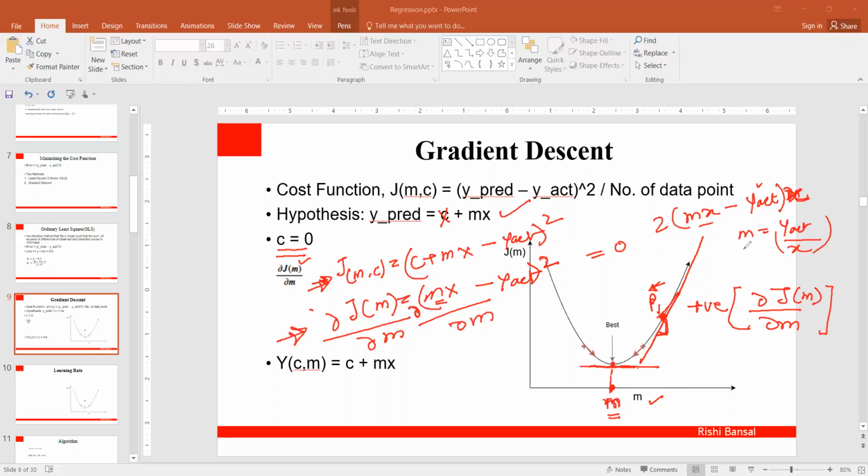I am not interested here in finding the value of m. I am just trying to find out the point at which this equation will be minimum. So this y actual by x is not what I am trying to find out. These are variable values.